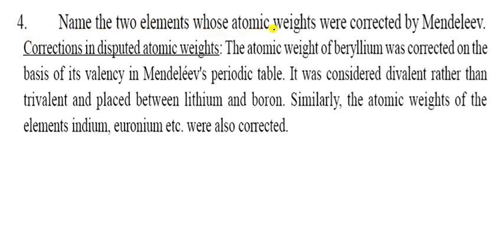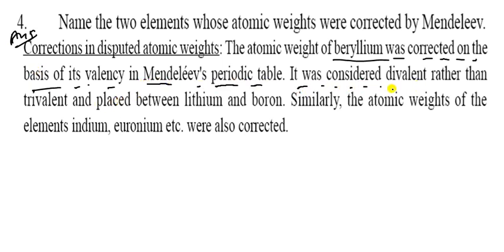Name two elements whose atomic weights were corrected by Mendeleev. So the answer is in your book. Correction in disputed atomic weights. The atomic weight of beryllium was corrected on the basis of its valency in Mendeleev's periodic table.